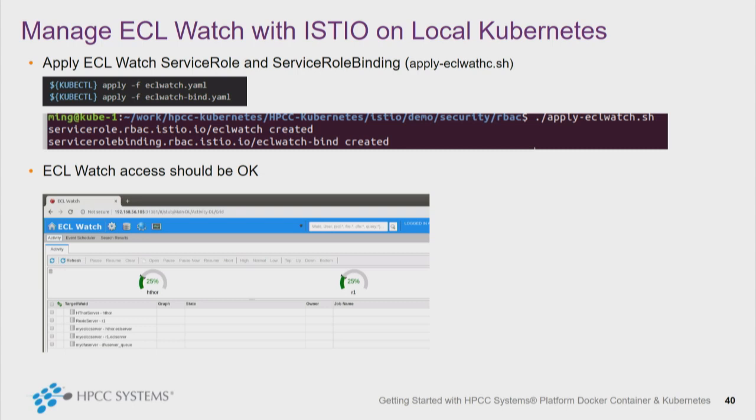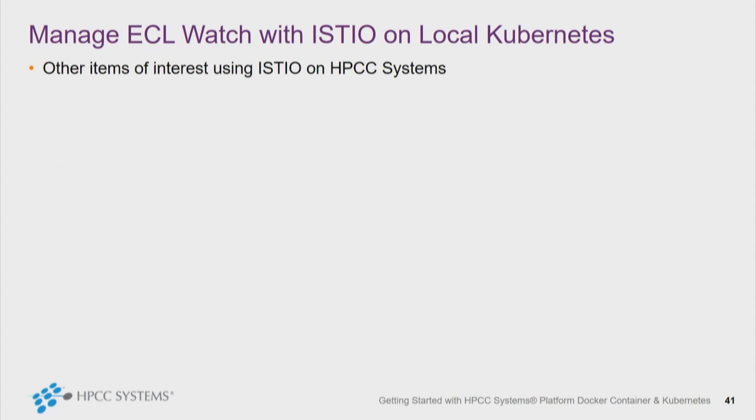Now this time you get access correctly, because we allowed anybody through the browser to access the ESP, and that's what it did. The other interesting thing with Istio is that it has a lot of functions. We only showed very little.